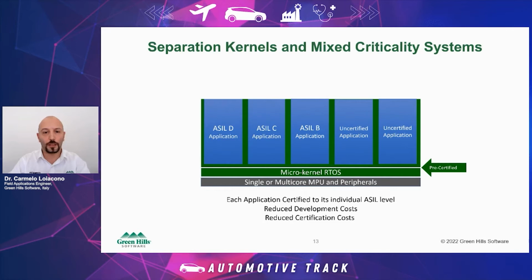In a mixed-criticality system where we have more than one application that, for example, is certified ASIL for automotive, and we have different levels of certification, along with applications not certified, we will need this kernel pre-certified to guarantee the whole system's safety and, in general, security.